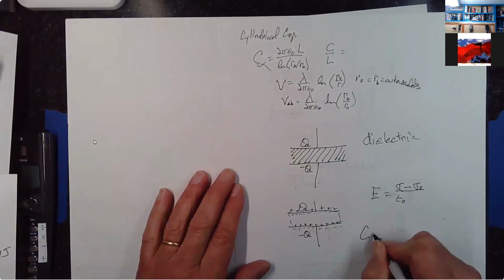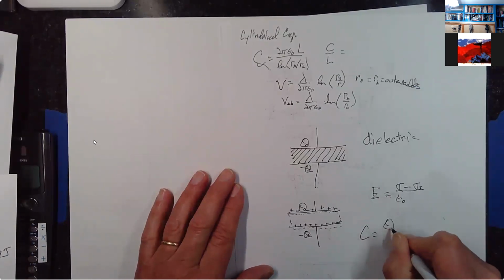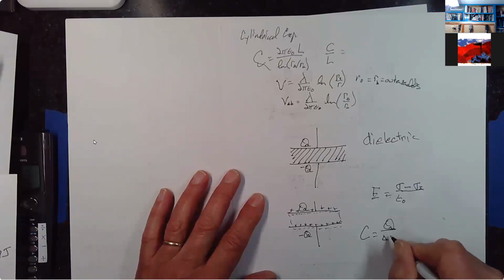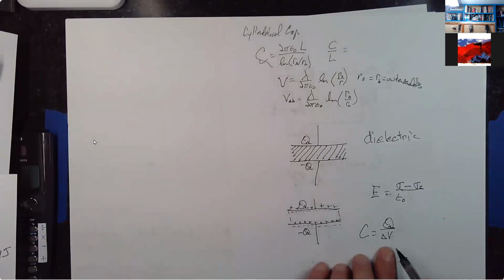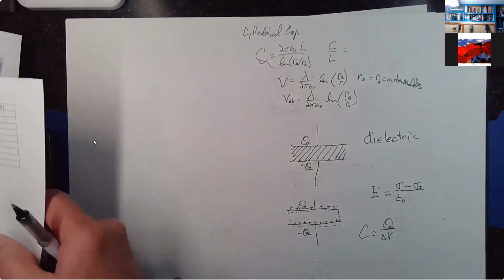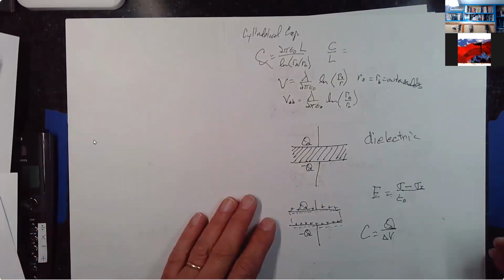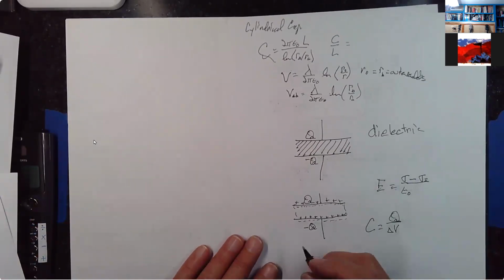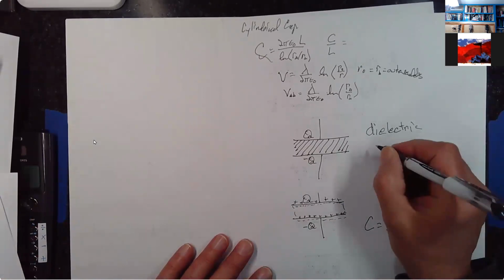But the capacitance depends on the amount of charge you can put on there for a potential difference, and the potential difference gets less, which means the capacitance actually increases. And the number that's usually used for the amount that it changes by is called the dielectric constant.